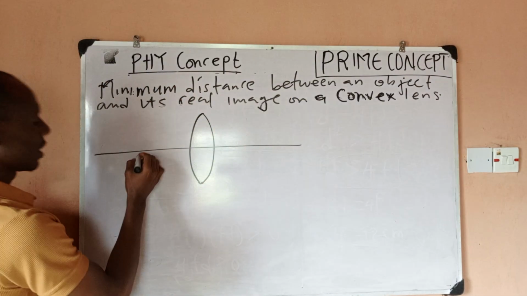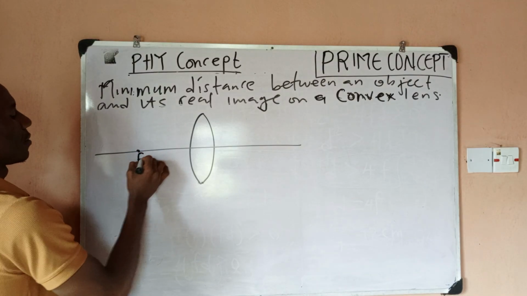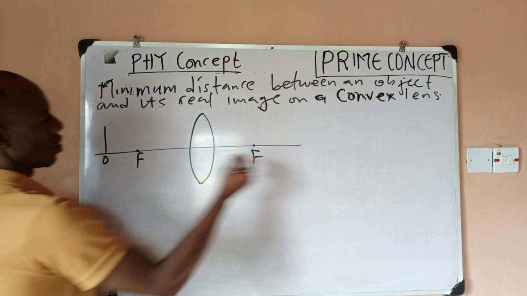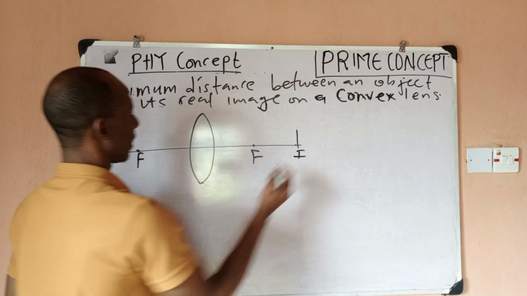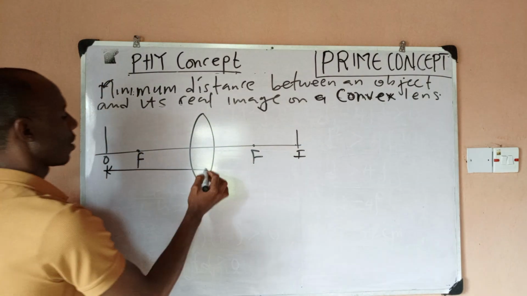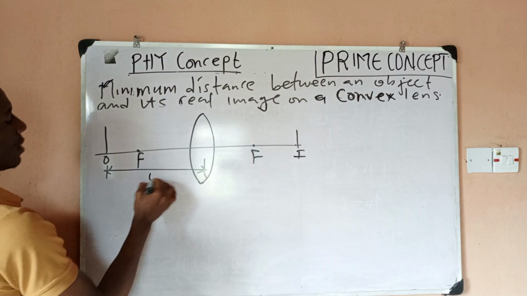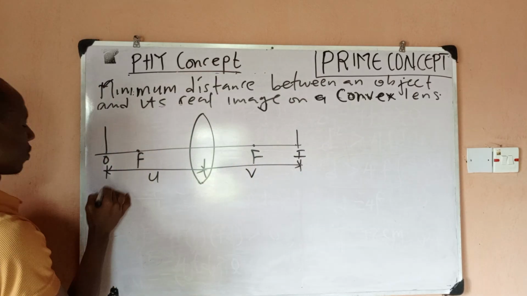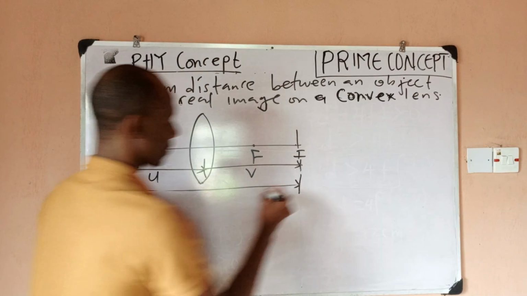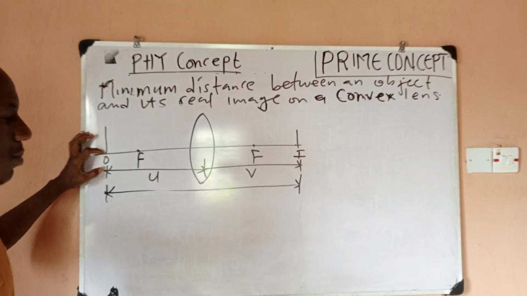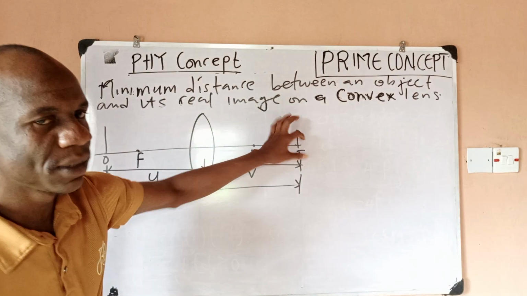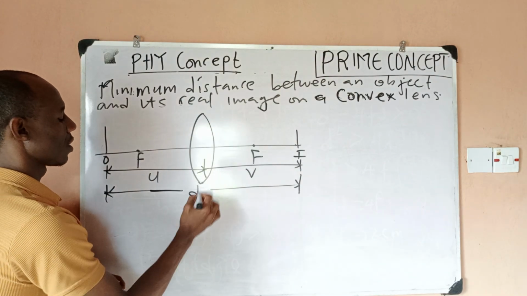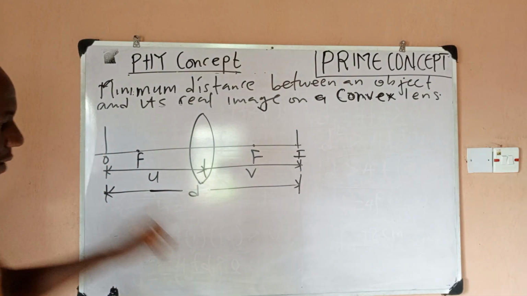Say this is our focal point F. We have our object O, we have our image I, such that the distance from our object to our lens center is U. The distance from our image to our lens center is V. So if I check for the distance between the object and its real image, I want to call it D, small letter D. That is the distance between object and image.